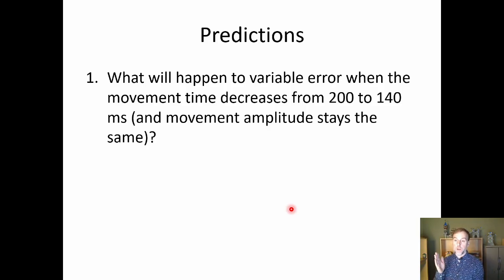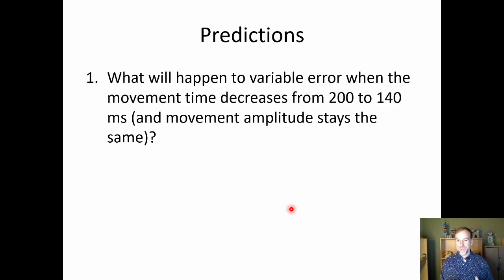The movement time goal is 140 milliseconds. So if you think about doing that yourself, so we don't have proper movement time feedback, but imagine you go at a certain speed, and now we tell you to go there faster. Okay, so same amplitude, but we've changed the movement time. So think for a second, is it easier or harder to move faster?